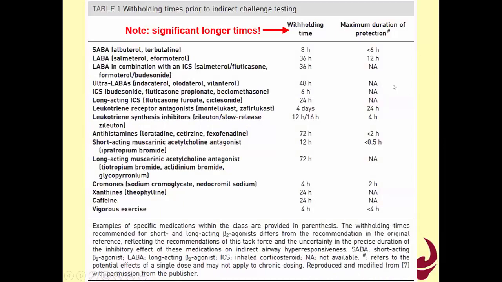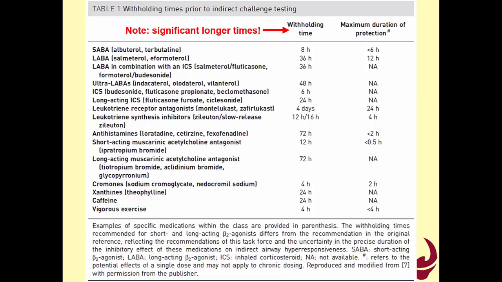Just note that when you do a bronchodilator test, then the abstinence from bronchodilators is significantly longer. So here you can see the withholding times for indirect challenge testing and for bronchodilator testing. So when you do the exercise test, you can see here your short-acting beta agonist is not 4 to 6 hours anymore.